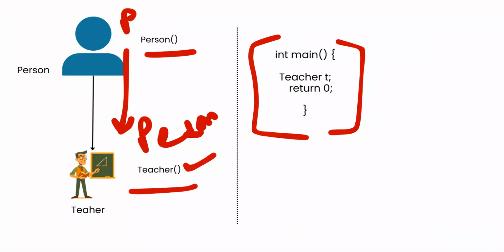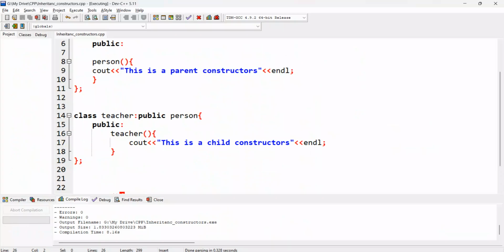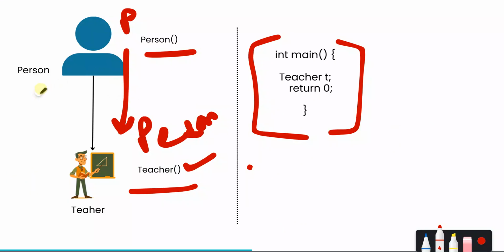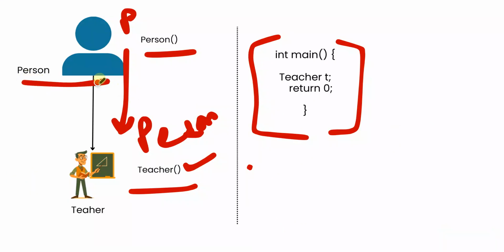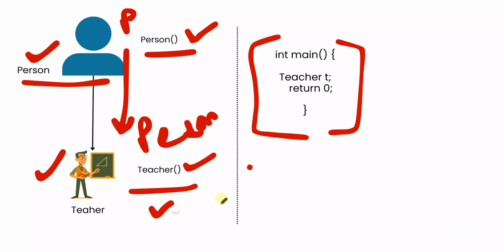Before that, we have discussed a number of things, particularly related to object-oriented programming. As we discussed, object-oriented programming behaves as nature behaves: this is a parent class and this is a child class. The constructor of the parent class tries to set the data for the data members of the person, and similarly the teacher constructor tries to set the data for the teacher.